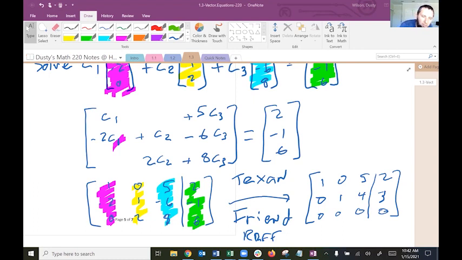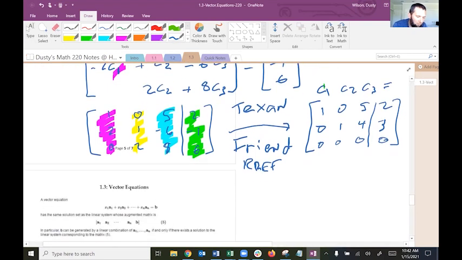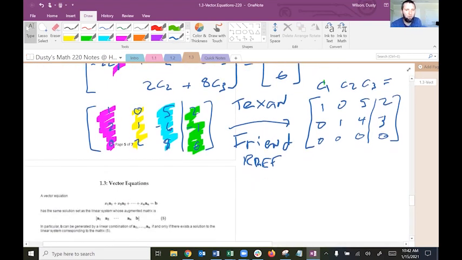So this first column represents the C1s, then the C2s and the C3s, and then this is what it equals. Well, it's not so much the use of paper, it's the fact that we make so many mistakes that makes row reducing by hand such a pain.